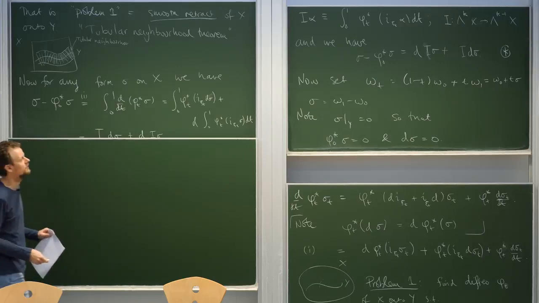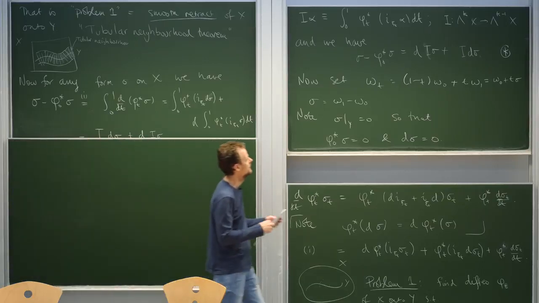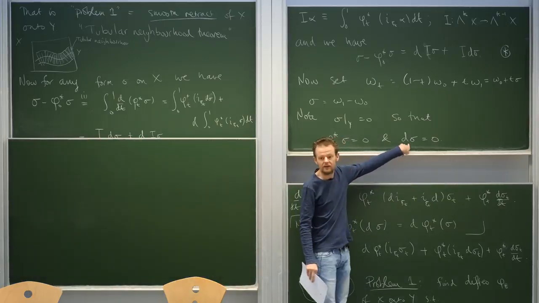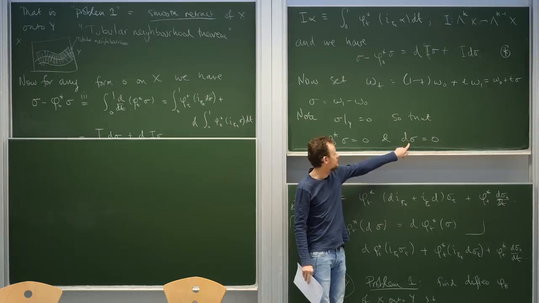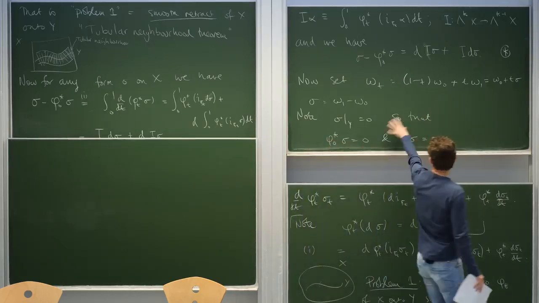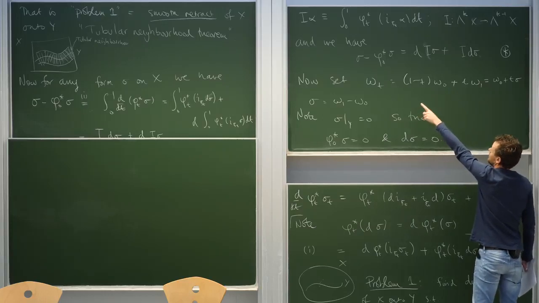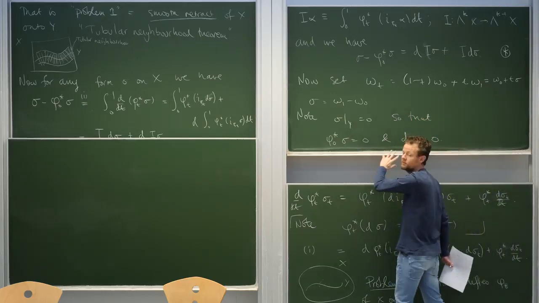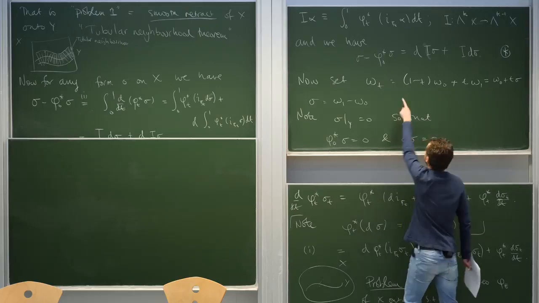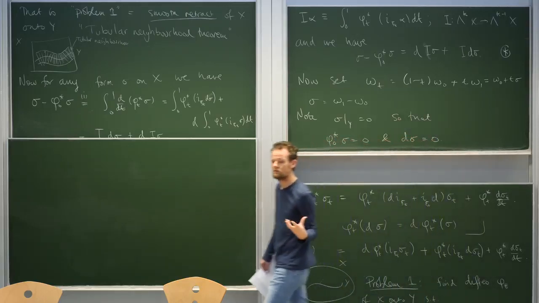So star is a very important equation, especially when we exploit this data here. So d sigma, what's d sigma? It's 0 when we apply it to the sigma coming from this omega t. So star, and we know that phi naught star of sigma is 0. So we've actually learned that this form sigma is not only closed but exact.